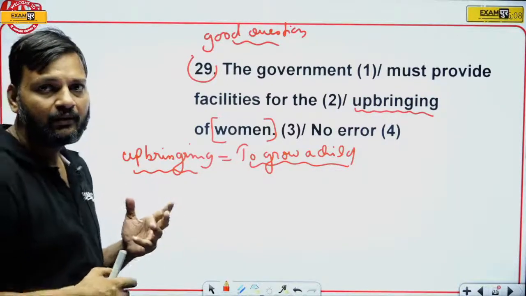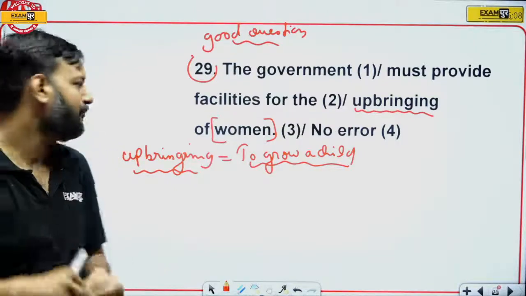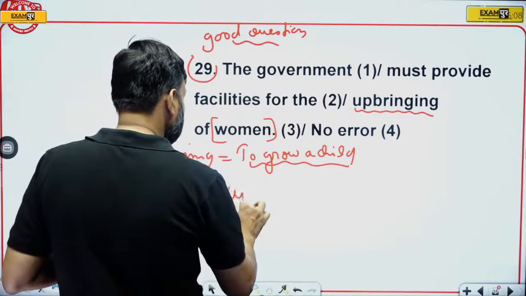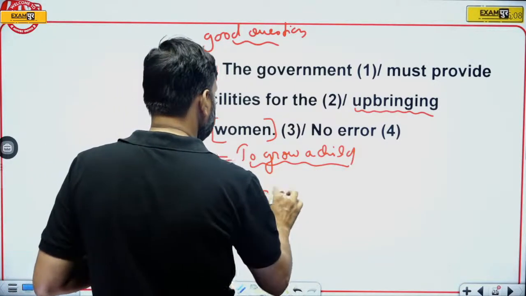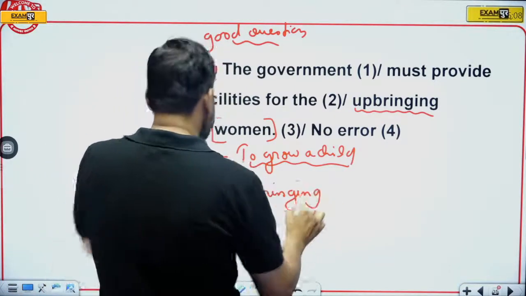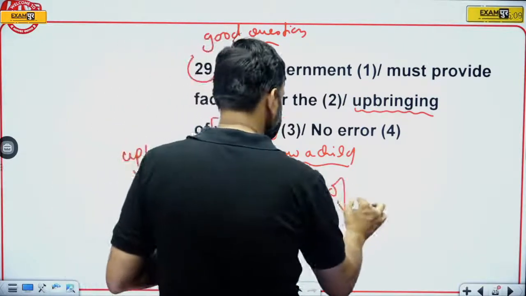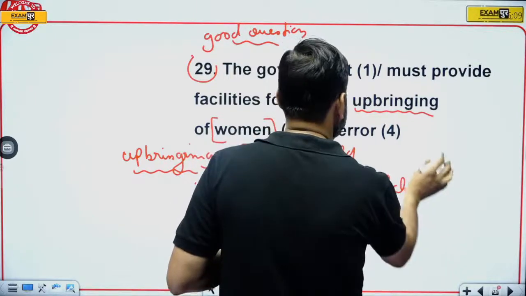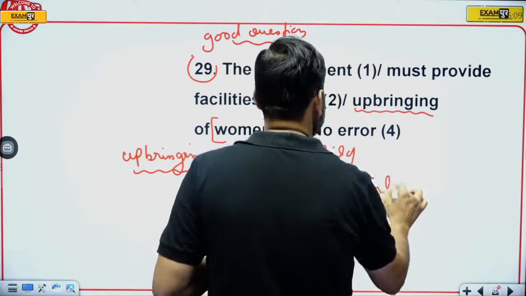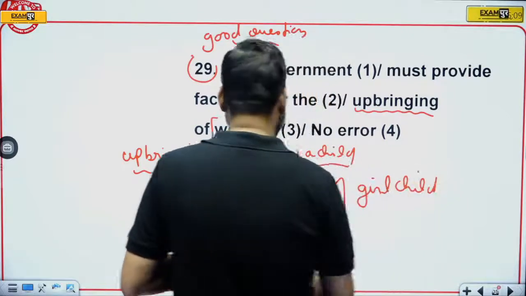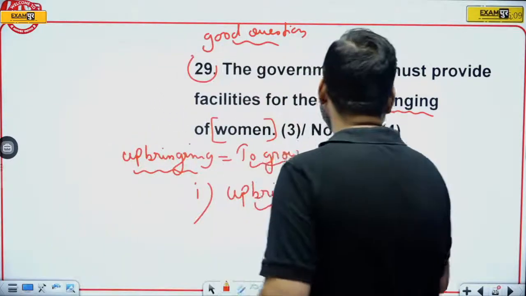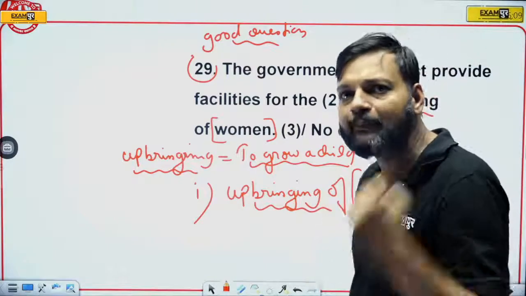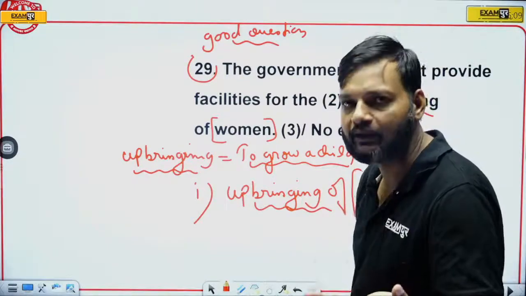So you can do two corrections here. Either change women, like upbringing of girl child. So in place of women you can write girl child, because the word upbringing is related to children.